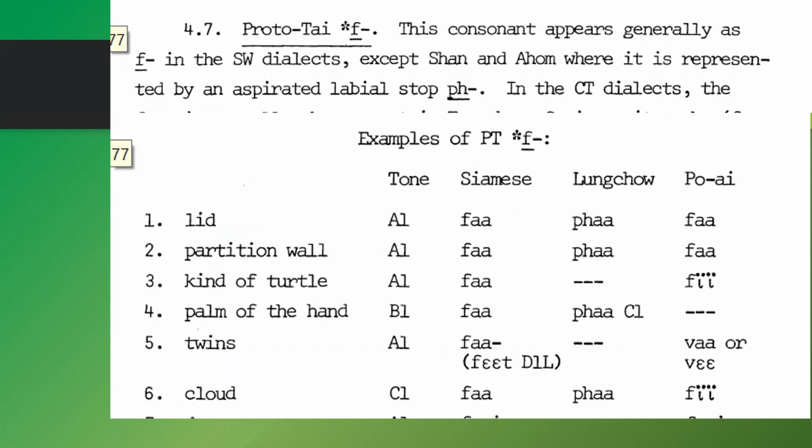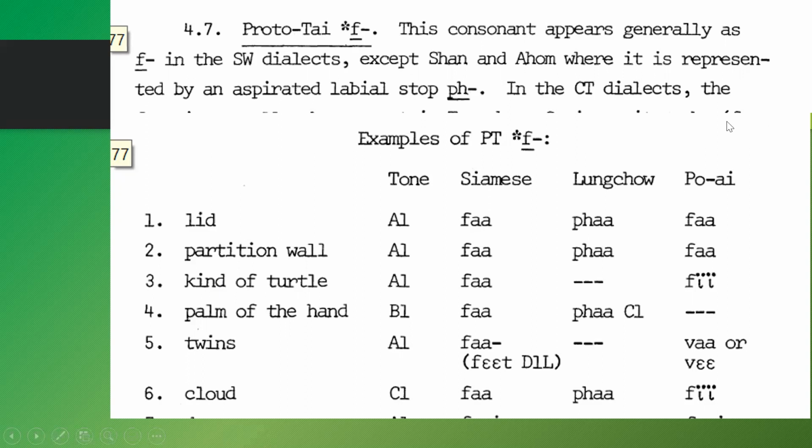And he said that in the Southwestern languages, of which Siamese was the example, words like lid, wall, a kind of turtle, the palm of the hand, cloud, that these words, which is the sky word, were always F in Siamese, but he made the note that in Shan and Ahom, they are represented by the PH, the same sound as we saw in the previous group.